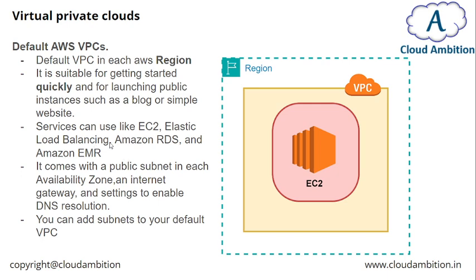Services you can use in default VPCs include EC2, Elastic Load Balancing, RDS, and EMR. It comes with a public subnet in each availability zone, so you can use the public subnet if you want to access the internet. Under the default VPC, you can use the default subnet as well, or you can create your own subnet. It depends on you, and you can add subnets in your default VPC, like I told.